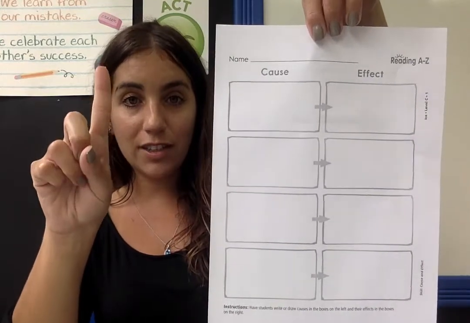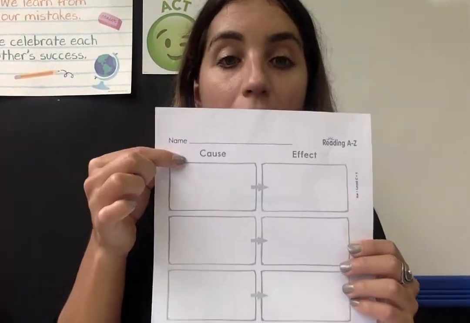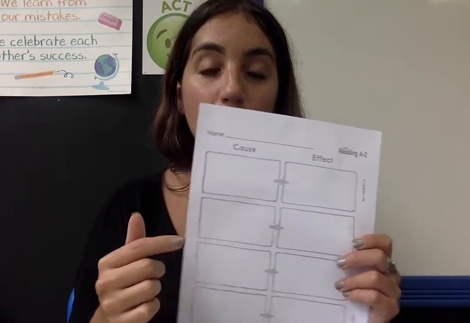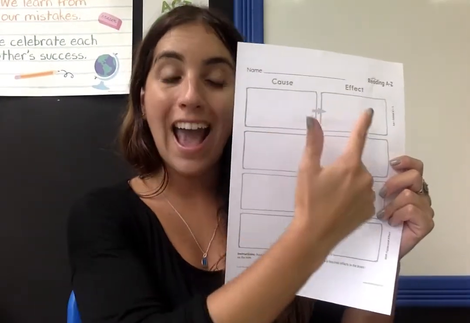So the first thing you're going to do is you're going to put your name right here. And here it says the word cause. And here it says the word effect. So what I want you to do, cause and effect. So what you need to do is you need to look in the book and look for the why.